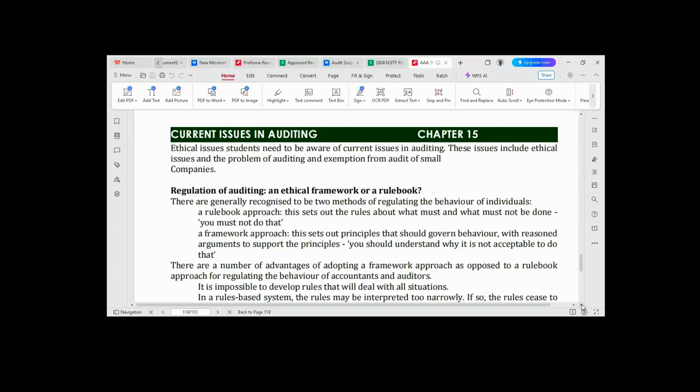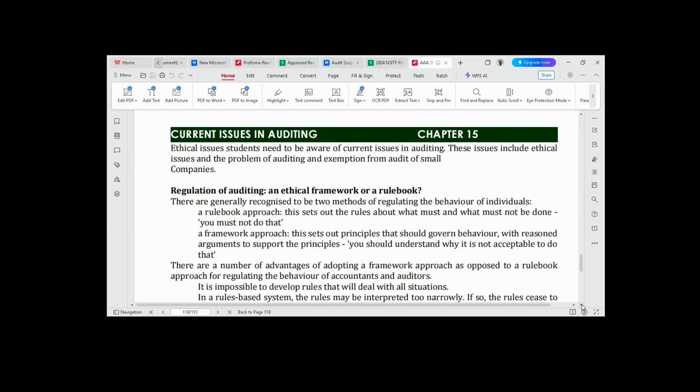Okay? So to guard against some of these problems, that is why the profession, the Audit and Assurance Service, decided to adopt the ethical framework approach. Because what the ethical framework approach does is that it simplifies the practice of audit. How?